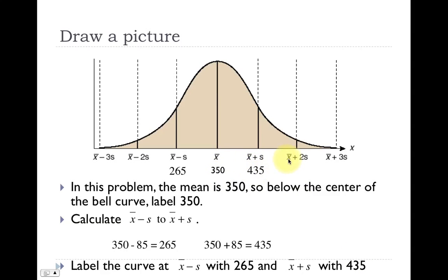We're going to do this for X bar plus 2S, X bar minus 2S, X bar plus 3S, and X bar minus 3S. So if you keep adding standard deviations, so 350 plus 85 is 435, add another 85, and add another 85, you can label the right hand side, and then you could take 265, subtract 85, subtract 85 again, and label the left hand side.